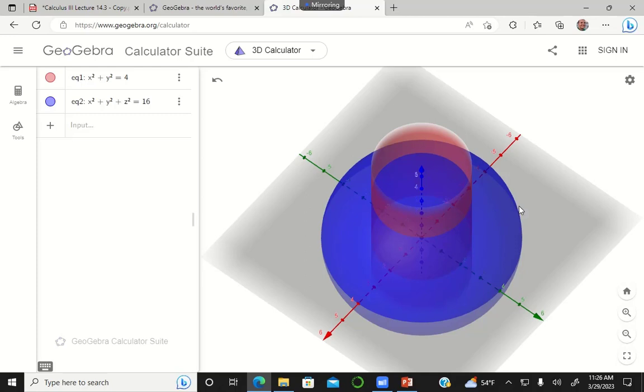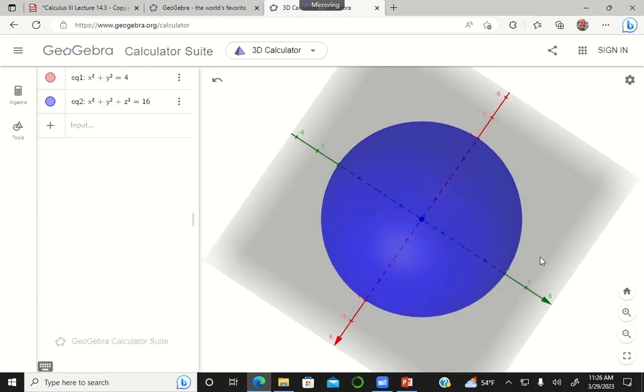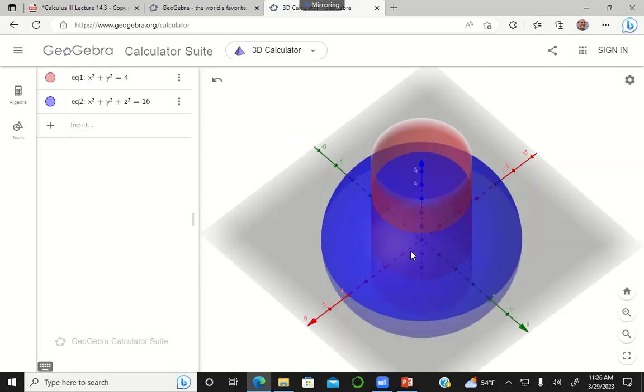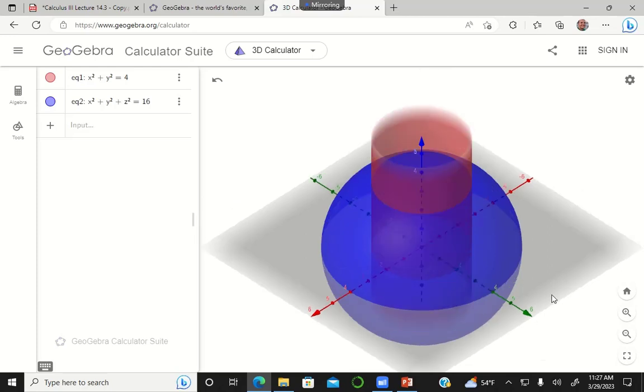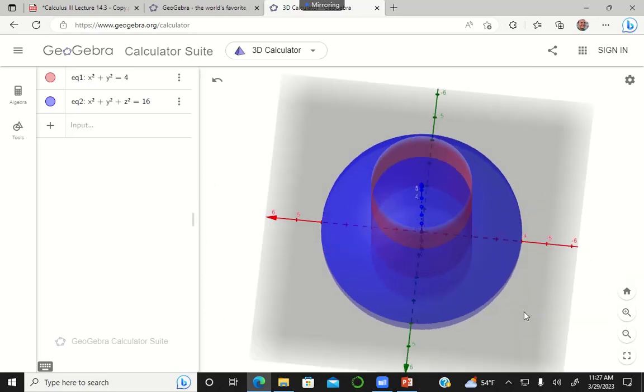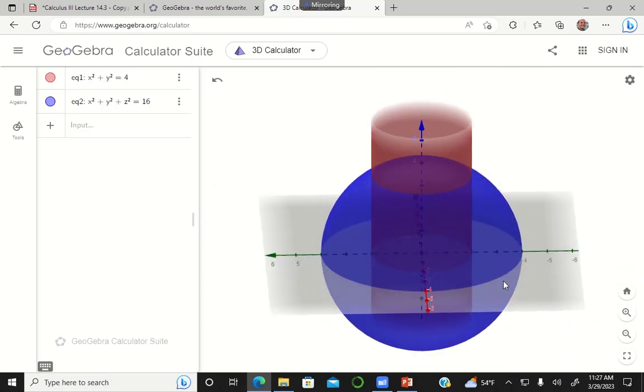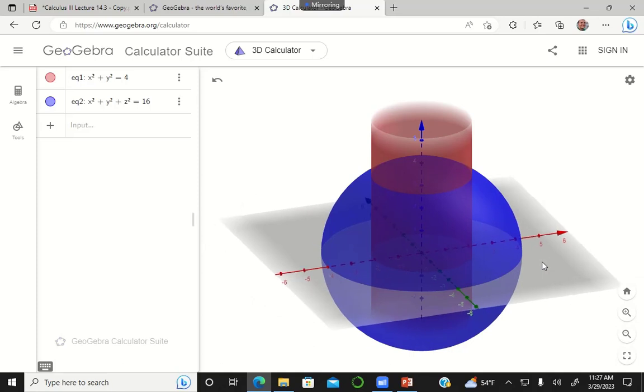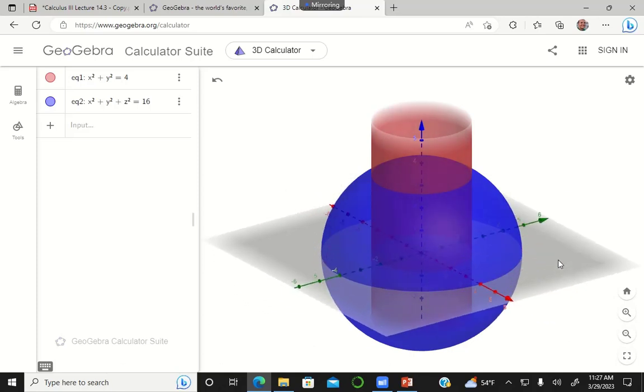And yeah, it looks like the domain or the area in the xy plane has radial symmetry about the origin. And the top of it, which is the surface of the sphere, also has the same sort of radial symmetry. So it seems like polar coordinates would be a good candidate for actually figuring this out, and it might be a lot more convenient than if we just use rectangular coordinates.